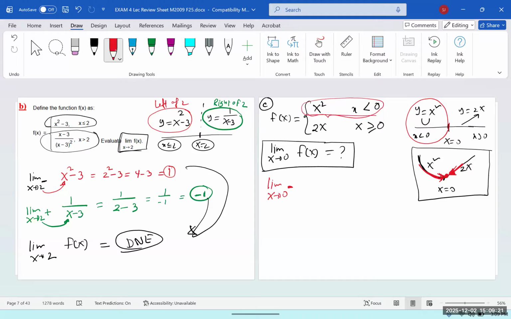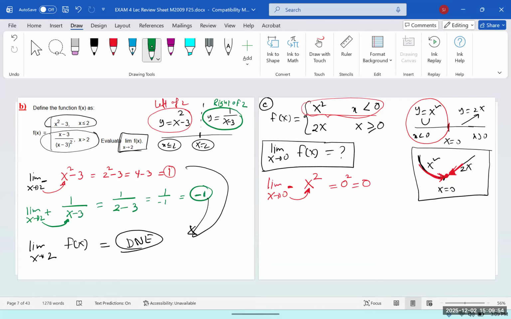So when you look at the y value of the left of 0 function, you need to get the function that is on the left side of the 0. So what you do is substitute the limiting value into the left function and you get the y value. So this is 0 squared, which is 0. So the left function tells us our y value is 0 when you get close to 0 from the left side.